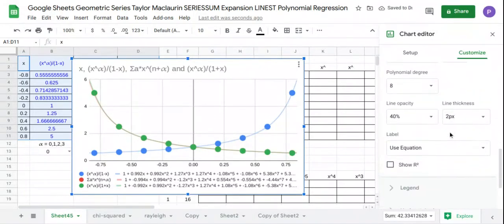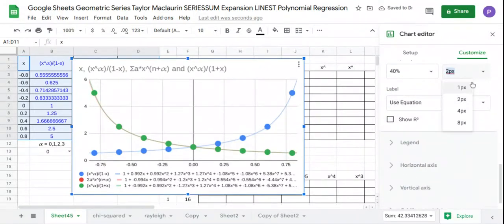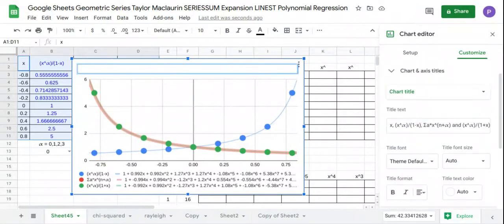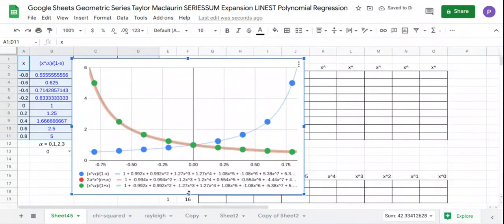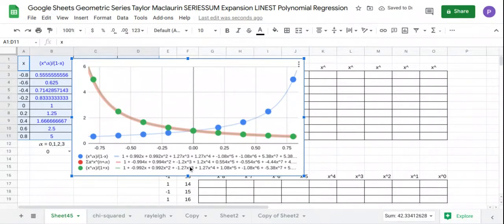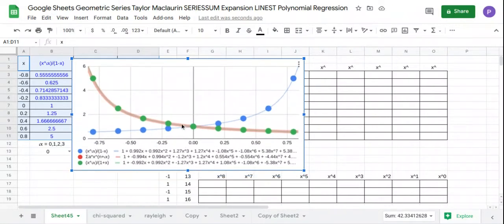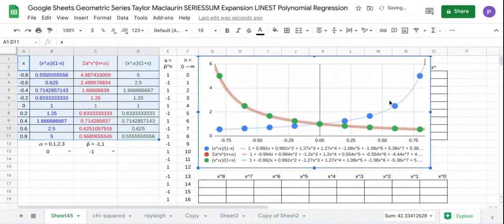But the line thickness will be maximum. And we don't need this title, because we need a space. So here's our trend line and polynomials of a geometric series.